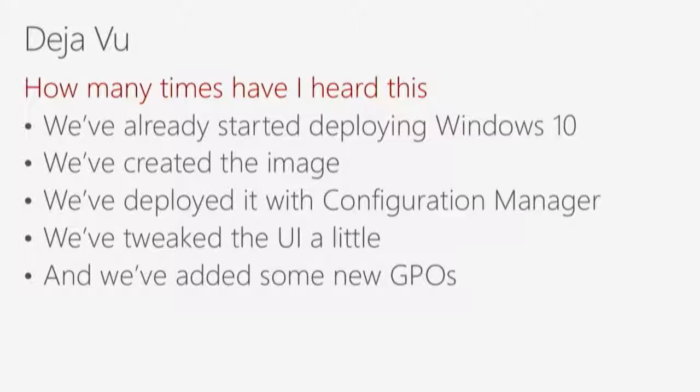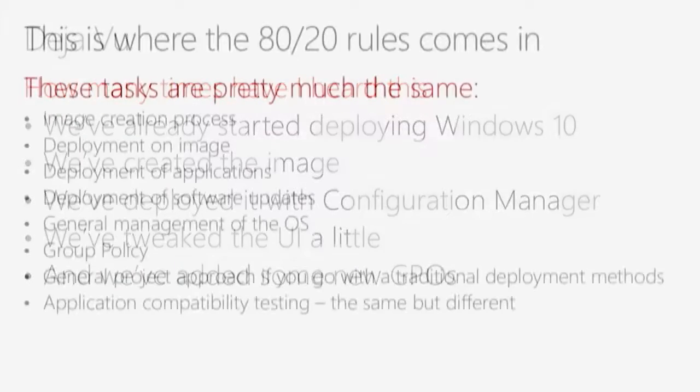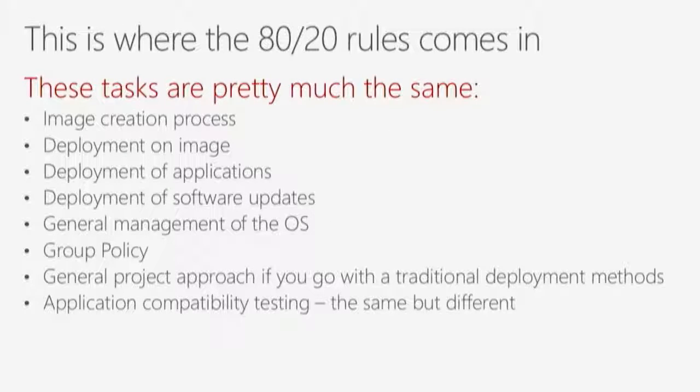So I always have to ask the question, and this is where the 80-20 rule comes in. Most of the tasks that you will use to get from Windows 7 to Windows 10 are pretty much the same. So the image creation process, you still might use tools like MDT or whatever you're using to create your image.